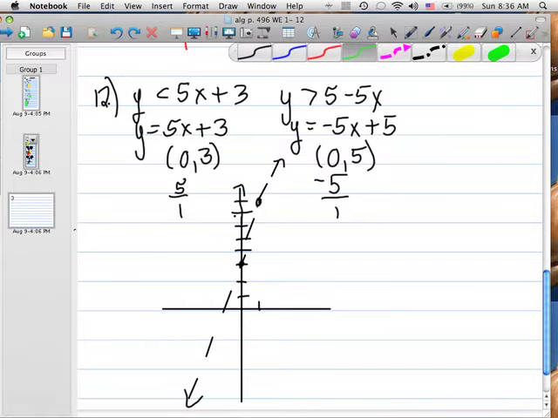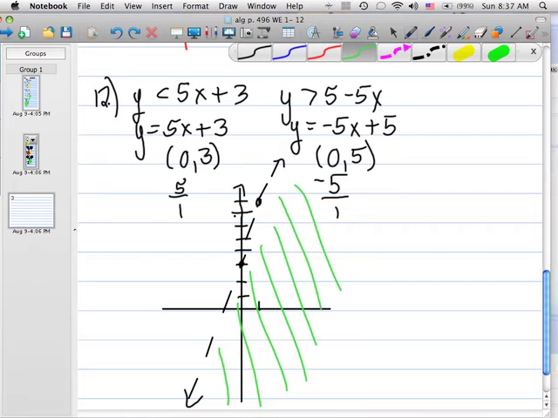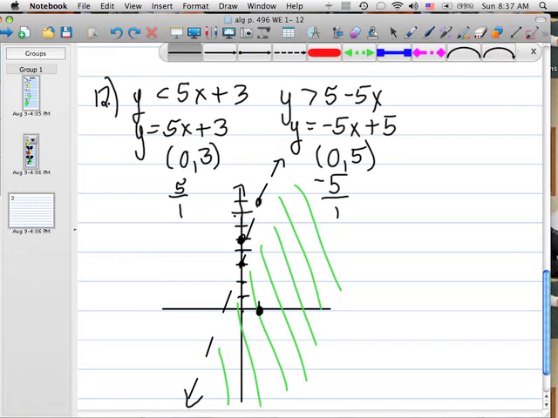And the second inequality, the intercept was 0, 5. And the slope was negative 5, so down 5, 1, 2, 3, 4, 5, right 1. And it was greater than, so it's a dashed line. I think I moved those out.